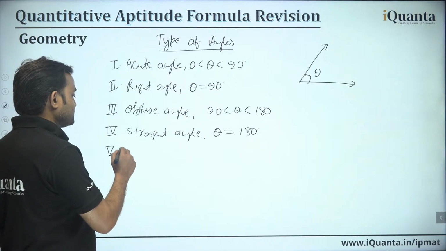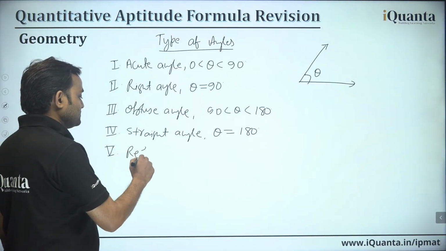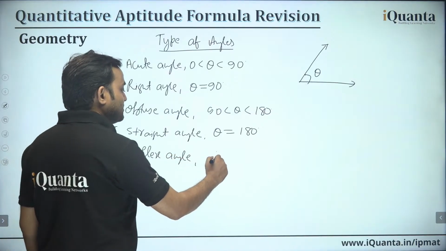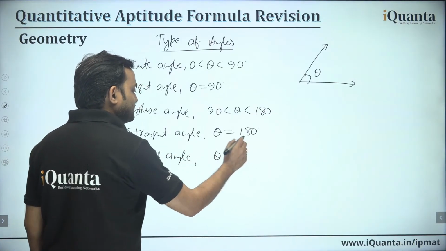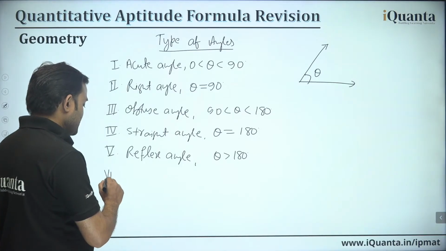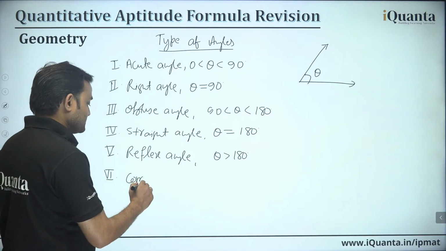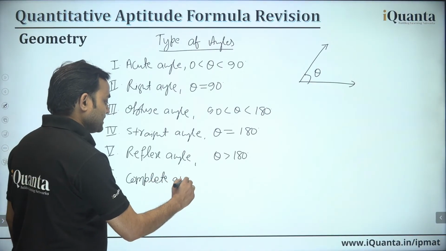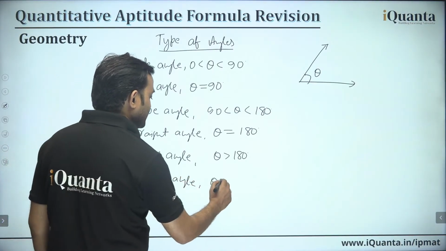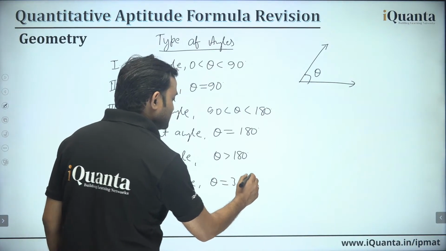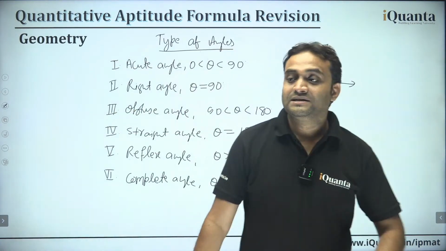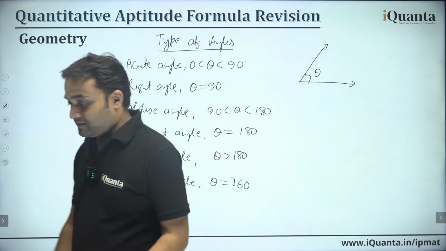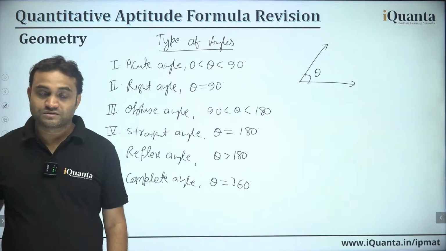And then comes reflex angle, where theta is greater than 180 degree. And then comes complete angle, where theta is equal to 360 degree. So these are the types of angles that you will see in the questions.